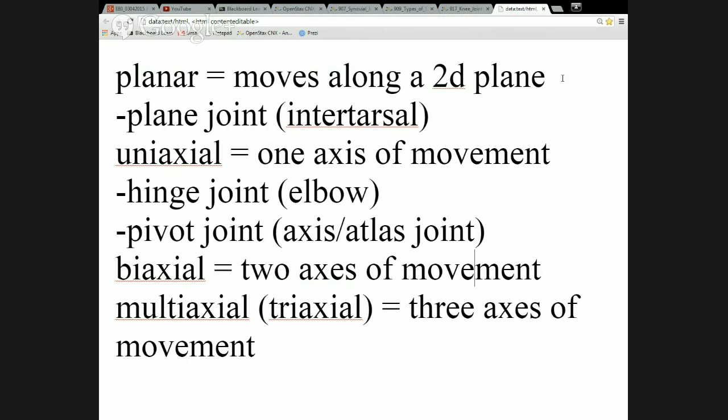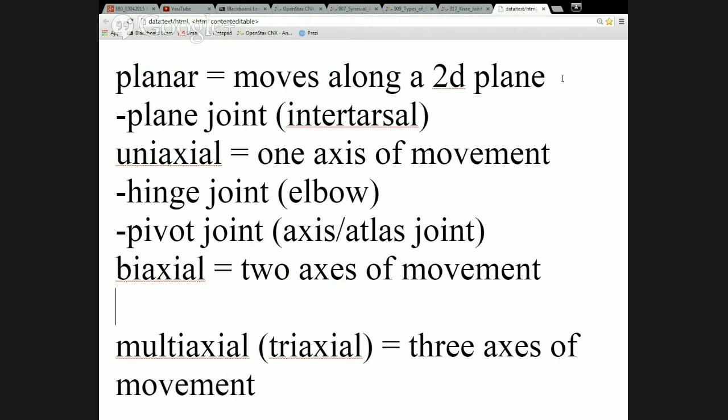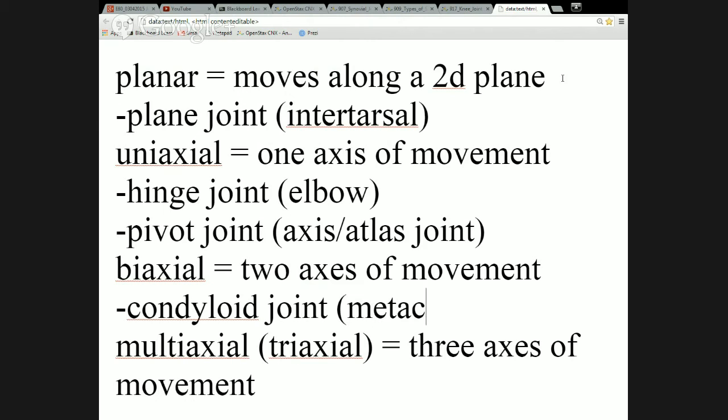And then the biaxial joints, we had the condyloid joint, which I'm going to stick with my example rather than the one from the book, which was the metacarpal phalangeal joint.